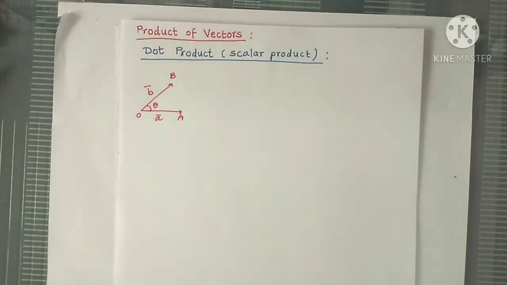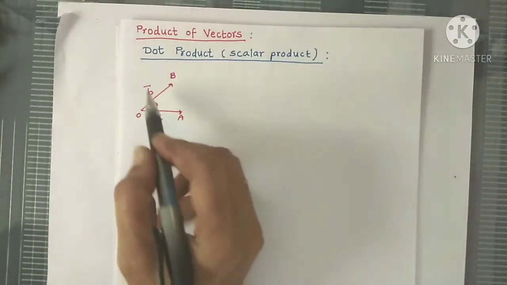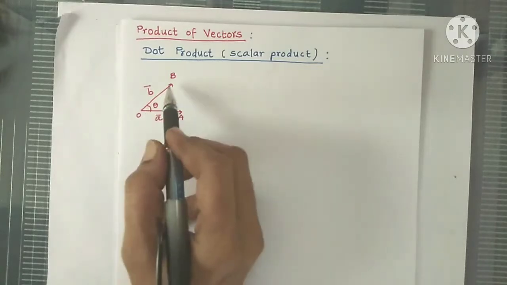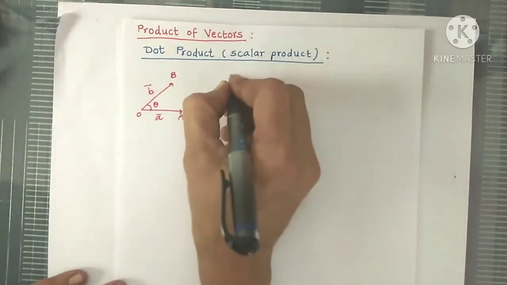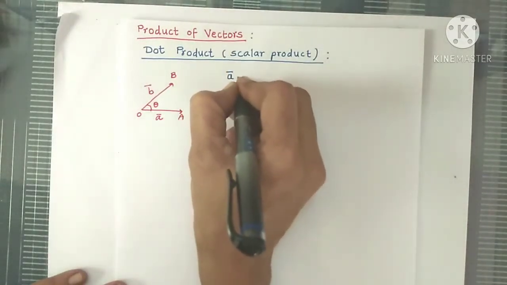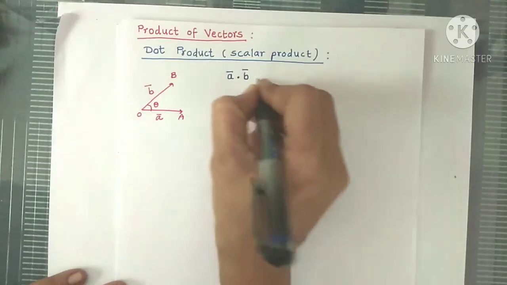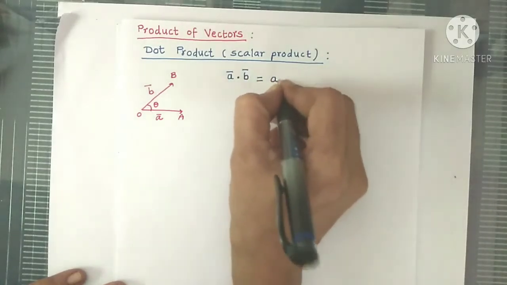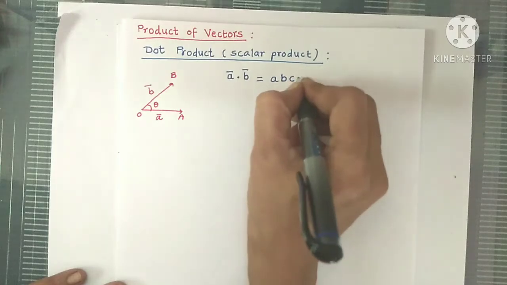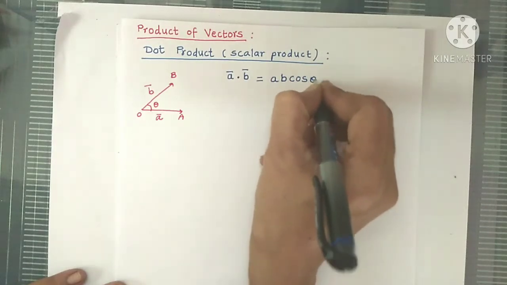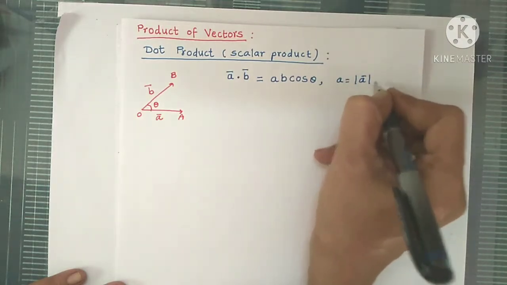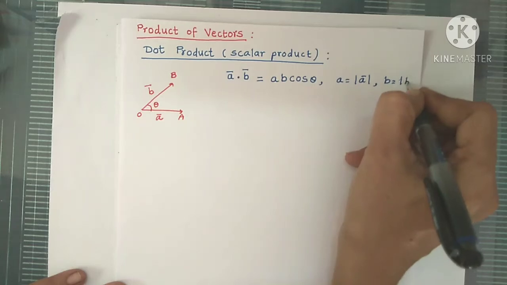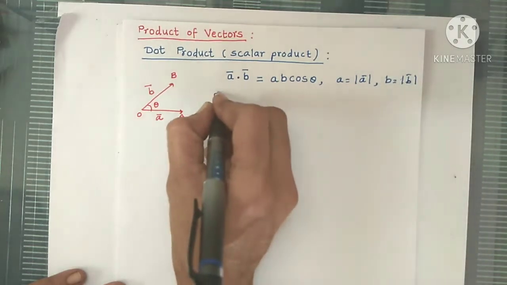So first of all, let's see the definition of dot product. If we have two vectors a bar and b bar, and theta is the angle between them, then their dot product is denoted by a bar dot b bar, and it is defined as ab cos theta, where a means modulus of a bar, b means modulus of b bar, and theta is the angle between them.